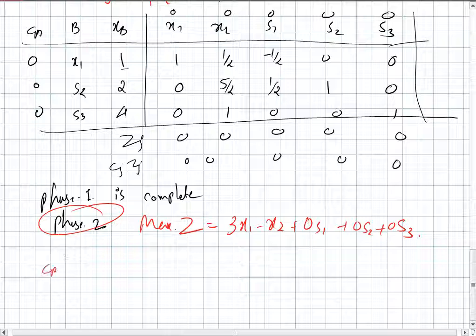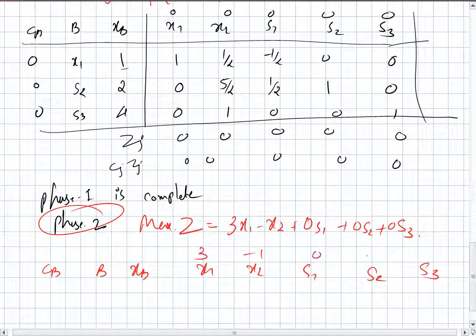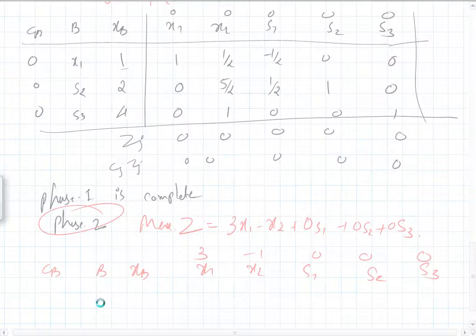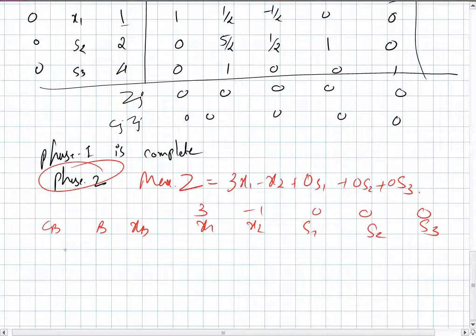So let me write CB, B, XB, X1, X2, S1, S2 and S3. The coefficients are 3, minus 1, 0, 0, 0. In basis we are now having X1, S2 and S3.